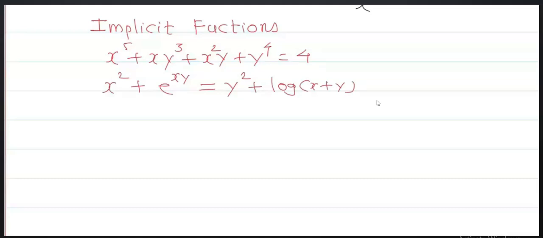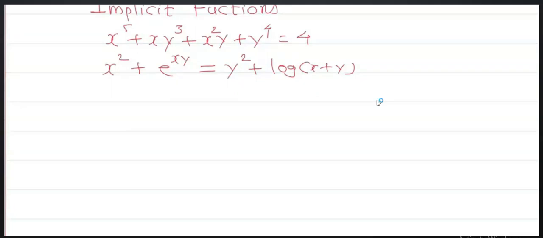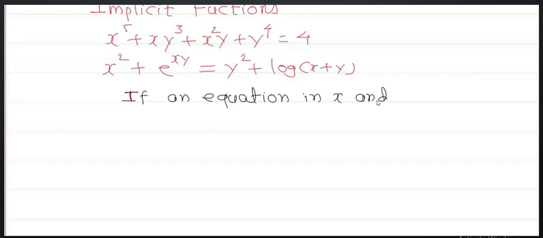Here we cannot find x or y in terms of the other independently because the function is complicated. And to find the derivative of this type of function, we take log on both sides and then differentiate.